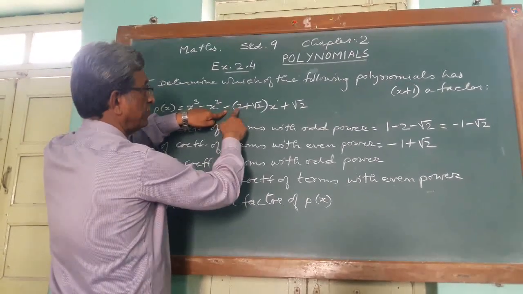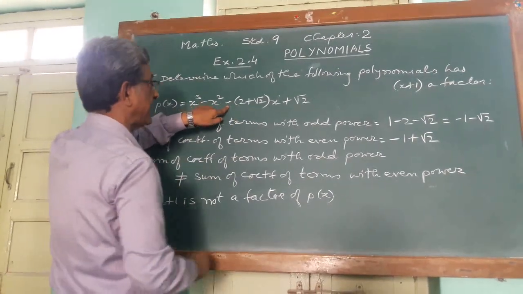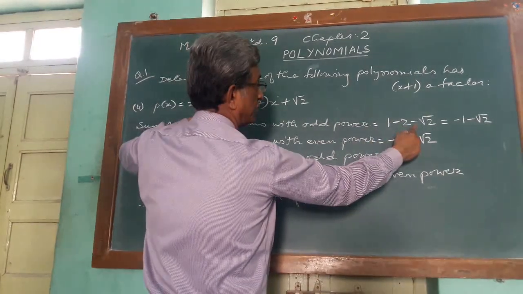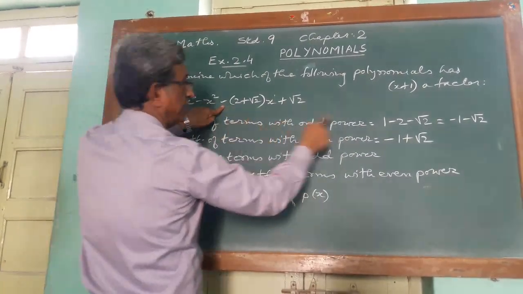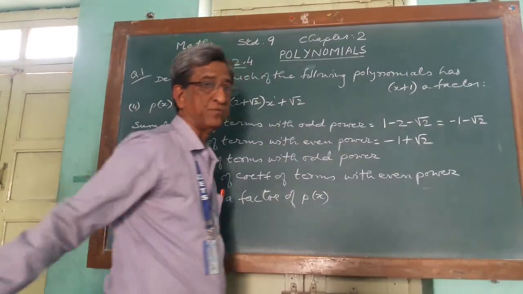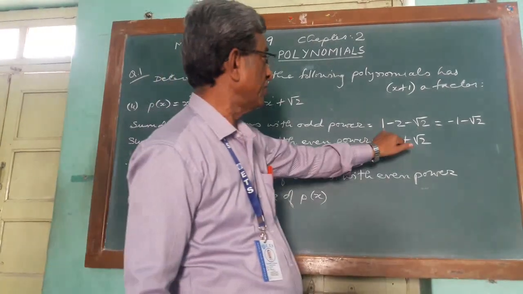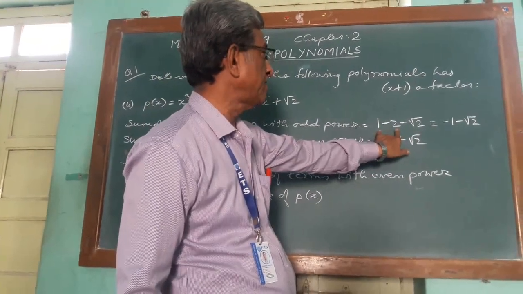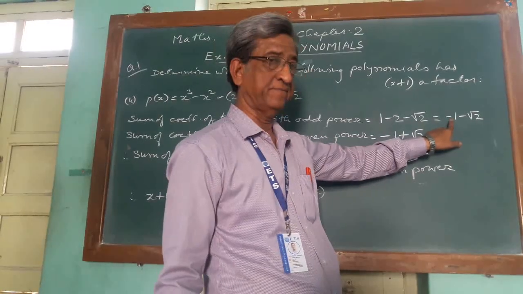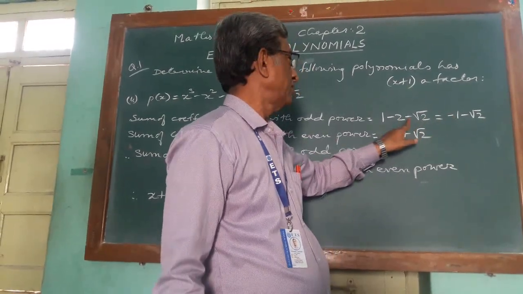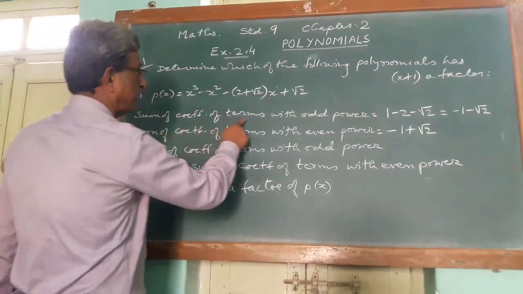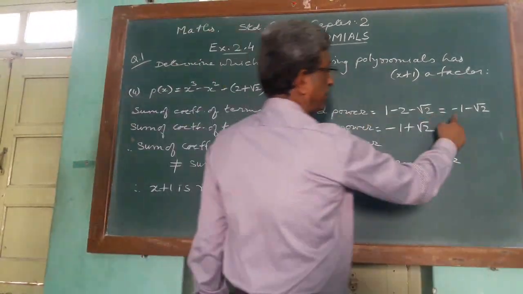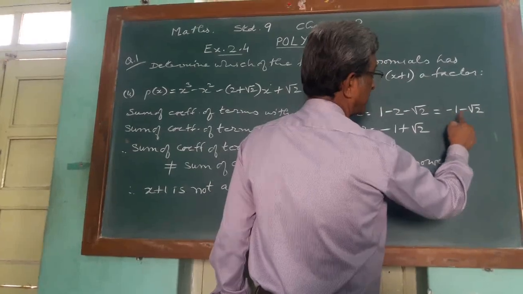Remove the bracket, you will get minus 2 minus root 2. Again simplify, 1 minus 2 gives you minus 1, minus root 2. So the sum of coefficients of the terms with odd power is equal to minus 1 minus root 2.